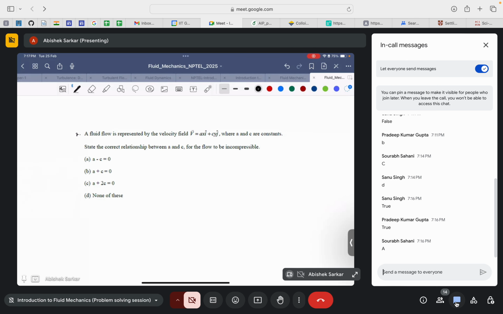Let me give you a hint: you can look into the form of the mass conservation equation for incompressible flow. For incompressible flow, the mass conservation equation reduces to this form: the divergence of the velocity field is 0. With that hint, can you tell what is the relationship between A and C?